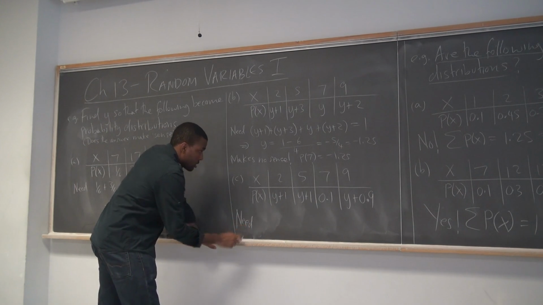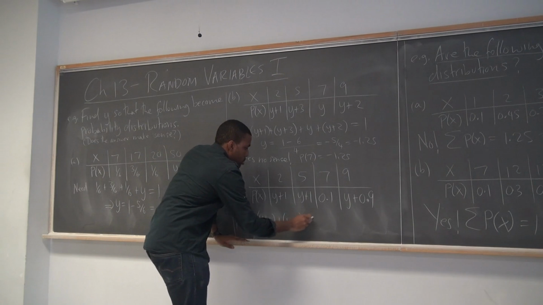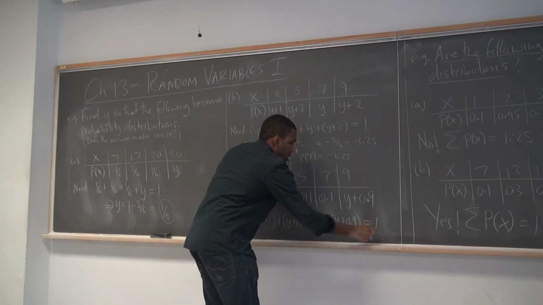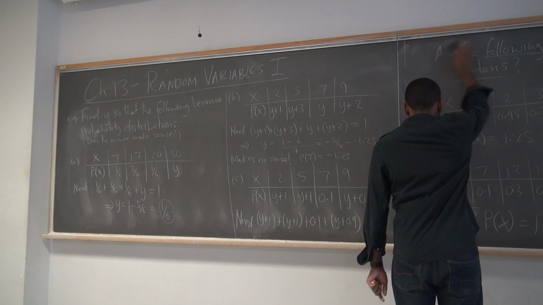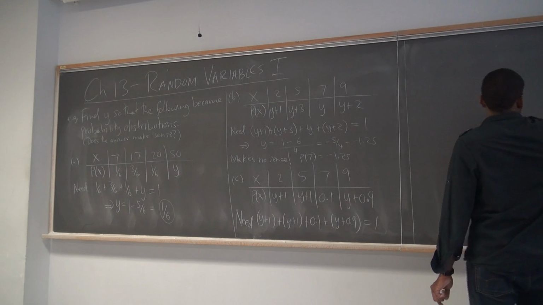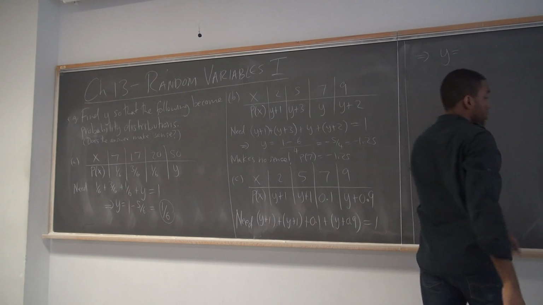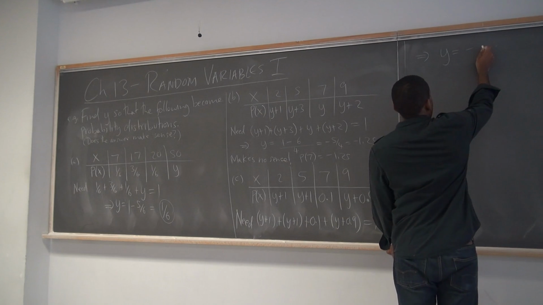So here we need y plus 1 plus y plus 1 plus 0.1 plus y plus 0.9 to add up to 1. This means y is equal to minus 2/3.